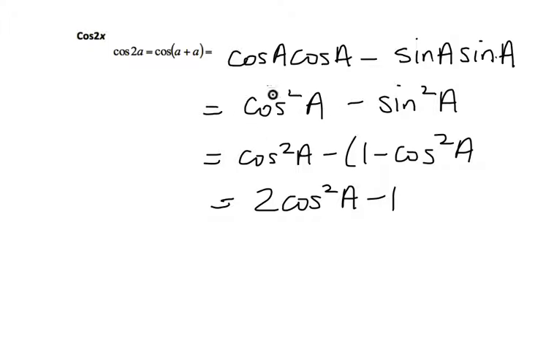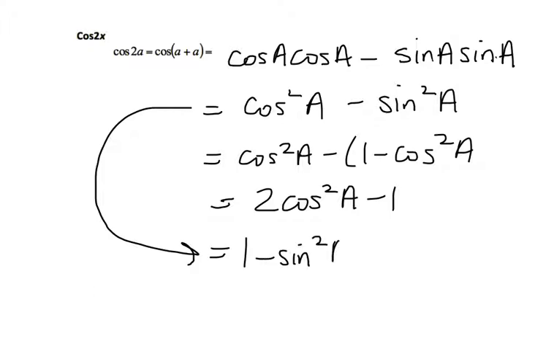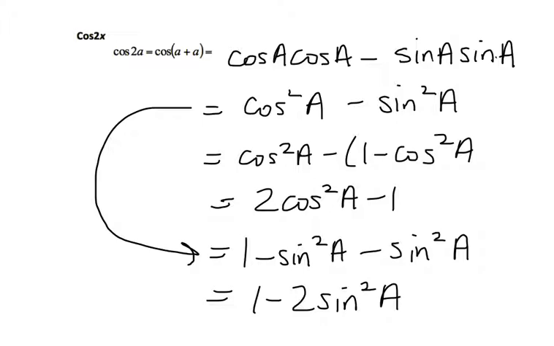Or I could have changed my cosine into sine, so 1 minus sine squared a minus sine squared a, which is 1 minus 2 sine squared a. So if you look in your formula booklet, you'll notice that this version is given, as well as this version and this version. But they all derive from this first start.